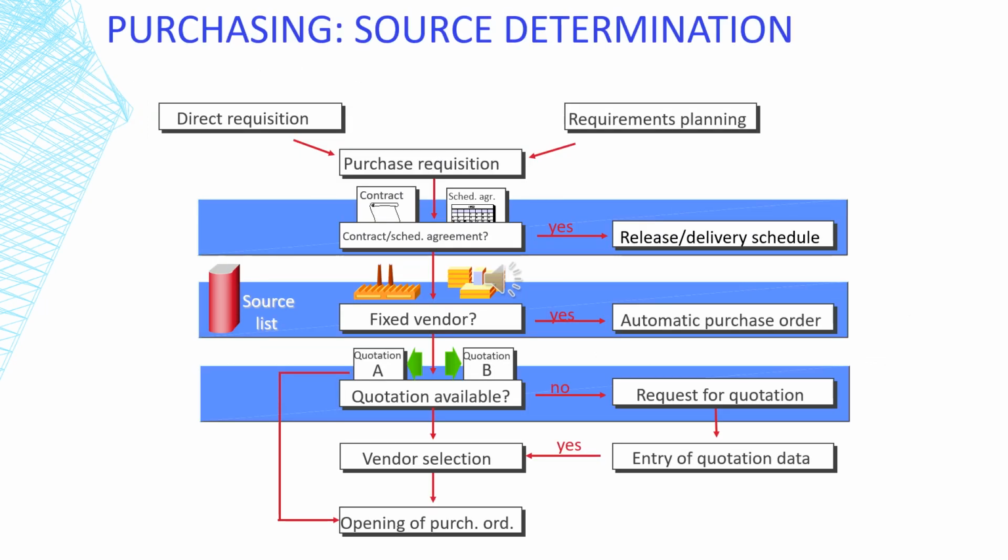In this picture, we will be understanding the source determination substep. So direct requisitions, requirement planning, then purchase requisition, contract, scheduling agreement, fixed vendor, quotation available, vendor selection, open the purchase record, purchase orders.